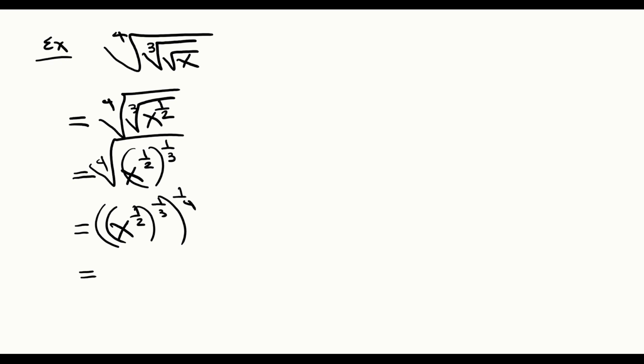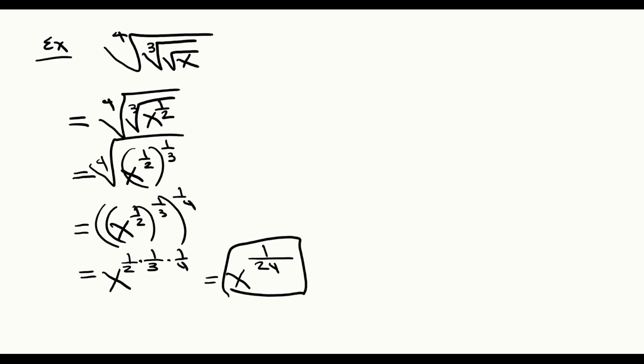So we end up with x to the, now remember, we can apply the power rule twice, and that means we're just going to end up multiplying all those exponents. So 1/2 times 1/3 times 1/4. So we get x to the 1 over 2 times 3 is 6 times 4 is 24. Or even prettier, we can write it as the 24th root of x.